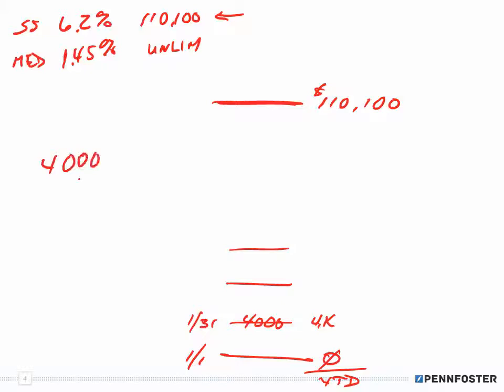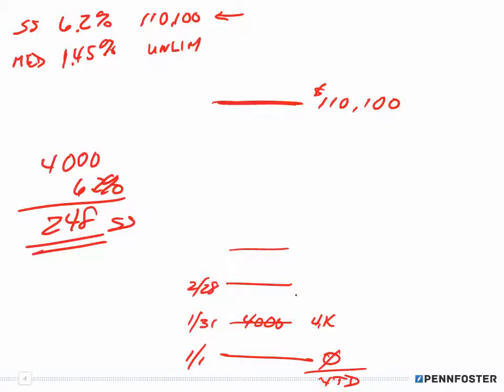So 4,000 times 6.2%, which is $248. So you're going to have the deduction for Social Security of $248. All right. Now, the next month comes along, 2/28, and you're paid $4,000. Okay.